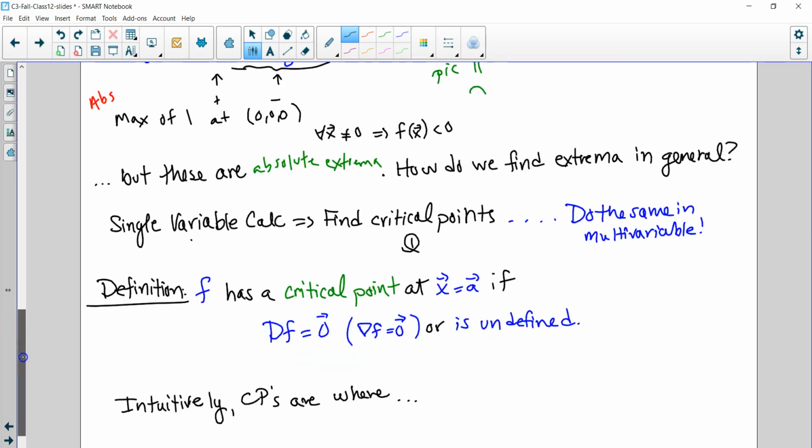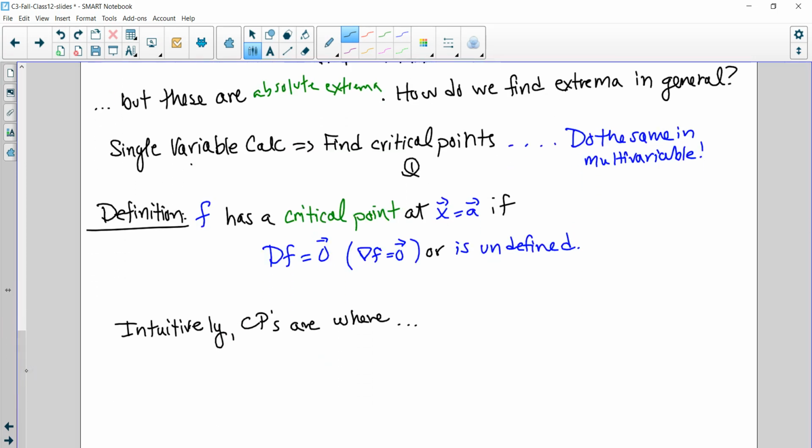Okay, and so intuitively, critical points occur when the tangent plane, let me get my pen going, is horizontal. Okay, and this tangent plane works in the case of 2 and in the case of 3 dimensions, but much beyond that we have to use the language of hyper horizontal.